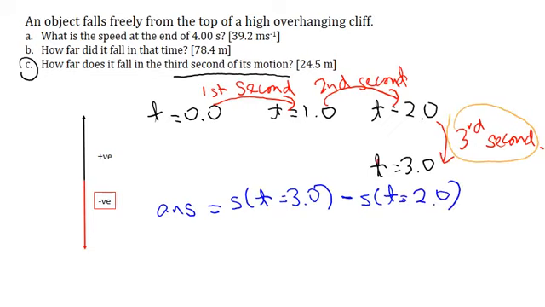What it means is you're looking for how far it fell from t equals 2 to t equals 3.